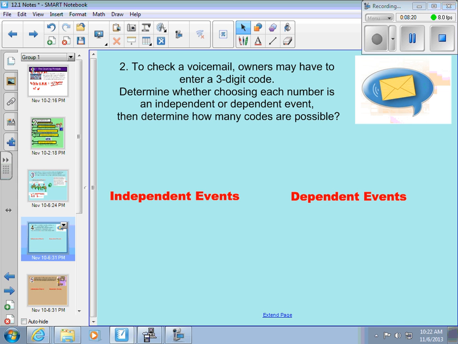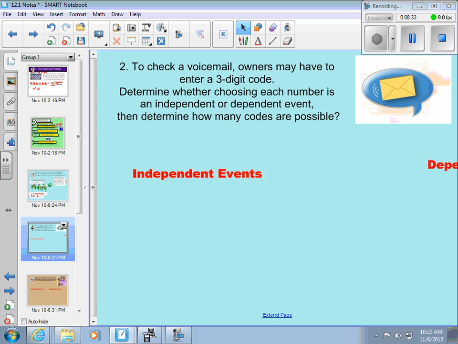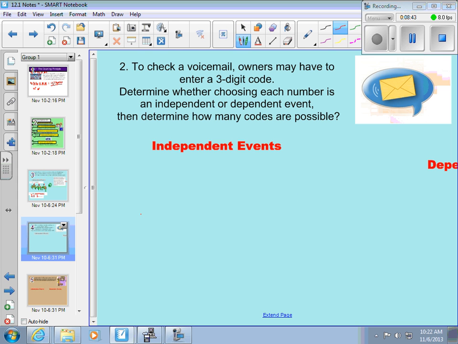All right, so to check a voicemail, they have to enter a 3-digit code. You could choose a number more than once, so one event doesn't affect the other. This one would be an independent event because you can use repeated digits to come up with this code. They didn't say anything about not being able to. So now we want to figure out how many codes are possible.